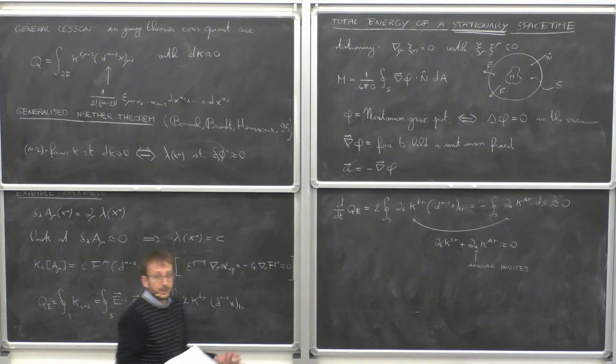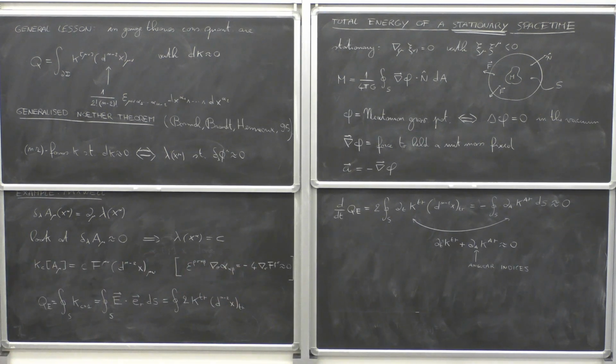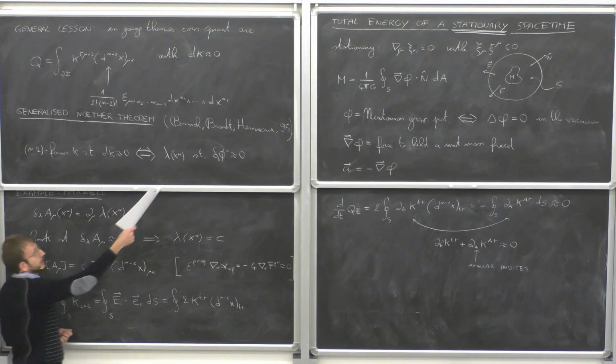And what is the way out of this kind of situation? The way out is that, to define this kind of quantities, I can put myself at infinity, or put the observer at infinity, essentially, and be in a situation in which I don't have an exact conservation law.